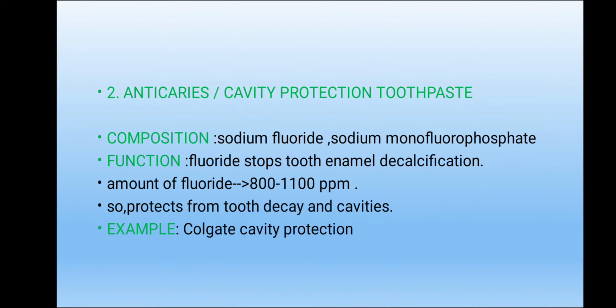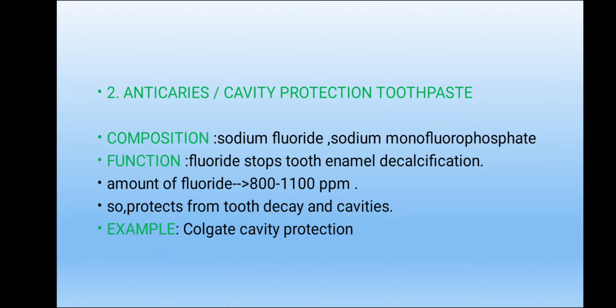Number 2, anti-caries or cavity protection toothpaste. So this fluoride helps in caries prevention, as the composition contains fluoride, sodium monofluorophosphate, right? So function: fluoride stops the tooth enamel decalcification.